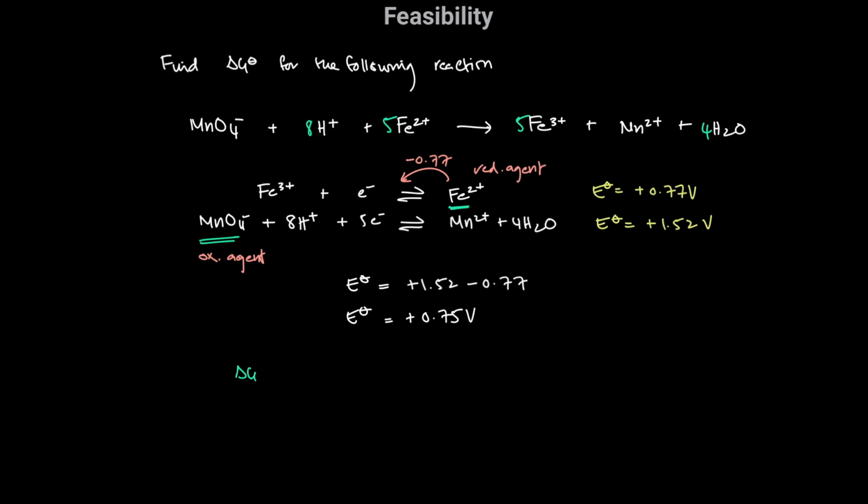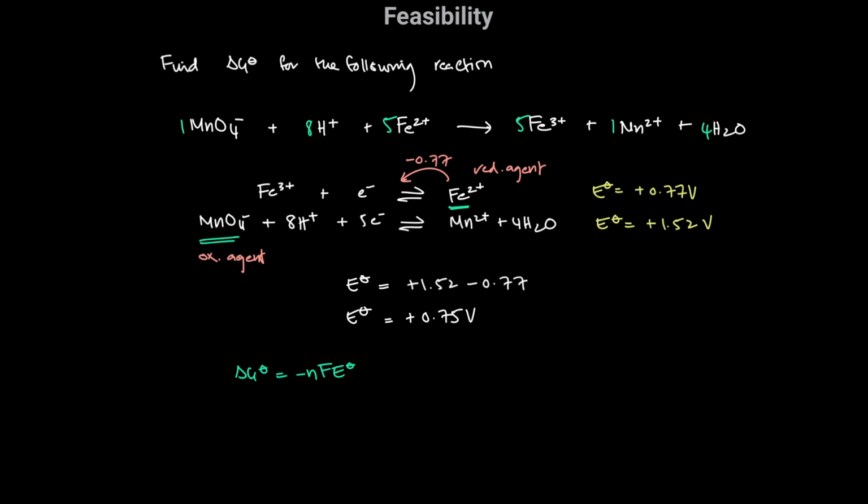The standard Gibbs free energy change is equal to negative NFE. Again, N is the number of moles of electrons, F is Faraday's constant, and E naught is the potential for the reaction or the cell. Now we have to determine the number of moles of electrons. Looking at the equation, the way the equation is given to us, we have 1 mole of manganate reacting with 5 moles of Fe2 plus.